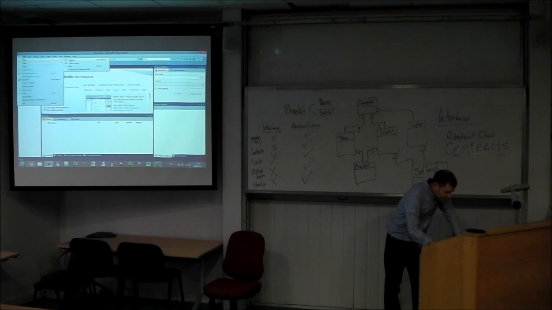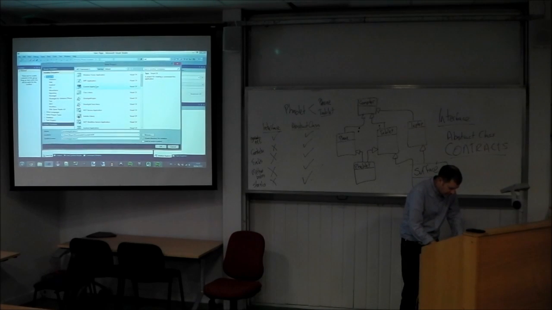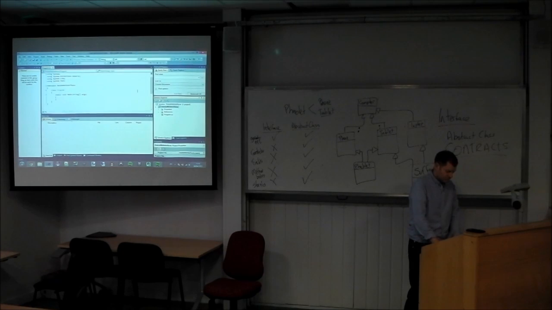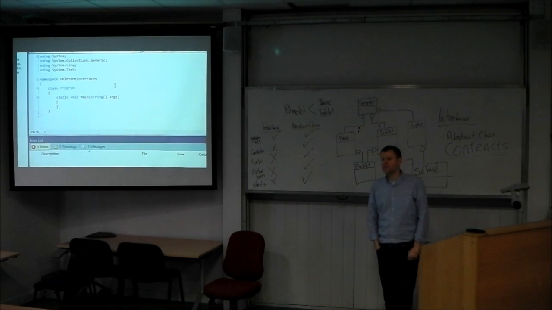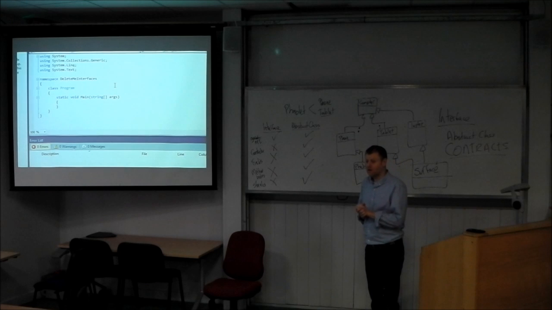Let's create a new C# project, a console application. So the first thing I'm going to do is decide what is the contract that the classes are going to need to implement.